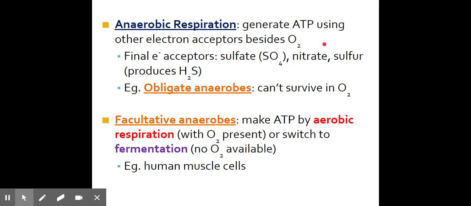Otherwise, the cell would suffer greatly with only a small amount being generated. So instead of having our oxygen being that final electron acceptor, there are some different types out there. We could have sulfate, nitrate, or just sulfur in general that can accept those electrons to help with the production of ATP.